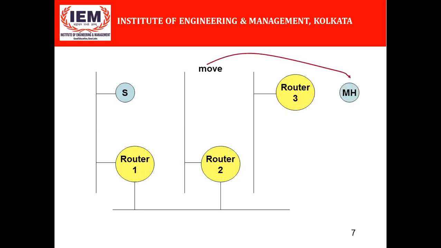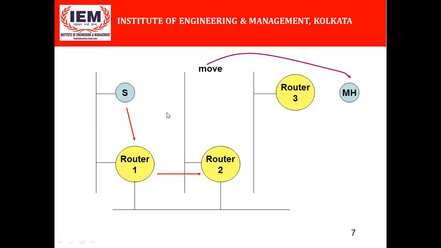Next, the same thing, but the mobile host now moves from this particular location to this location. That means this is the mobility. It is not present under router 2. It is present under router 3. What happens? The source wants to transmit the information, so it may communicate with router 1.